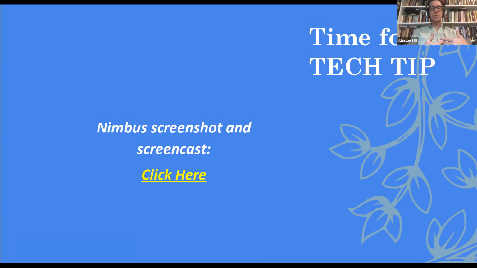And lastly, what's great about Nimbus is not only can you record either still or video images of what's occurring on your screen to save that as a recording or as an image to give your students, but you can also annotate it. You can put arrows, you can highlight things, you can circle things, you could type something on it.